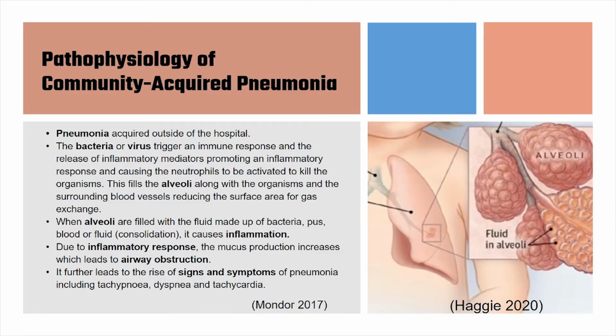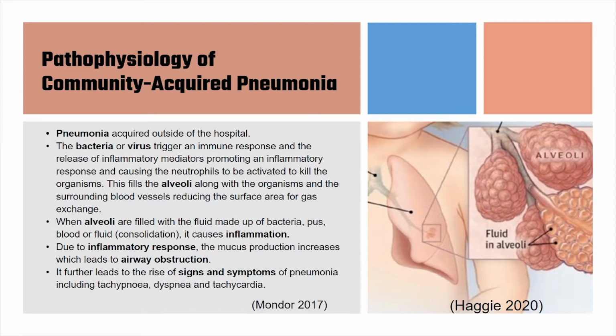Community-acquired pneumonia is a lower respiratory infection acquired outside of the hospital in the community. This type of pneumonia can be caused by bacteria, virus, and fungi. The most common causative organism of community-acquired pneumonia is a bacteria known as Streptococcus pneumoniae.